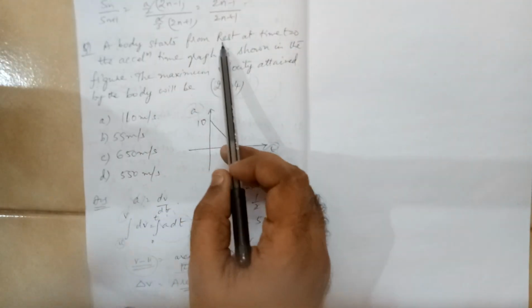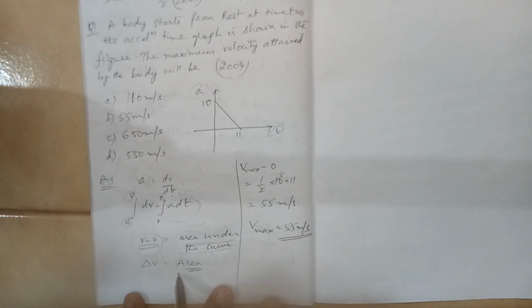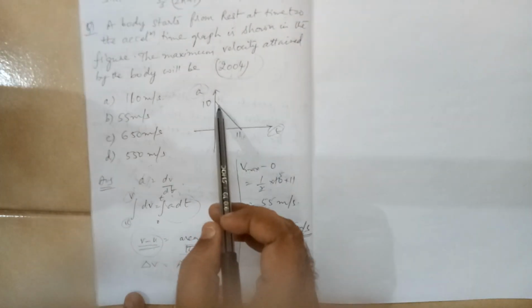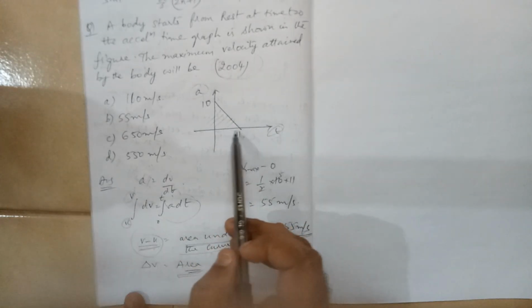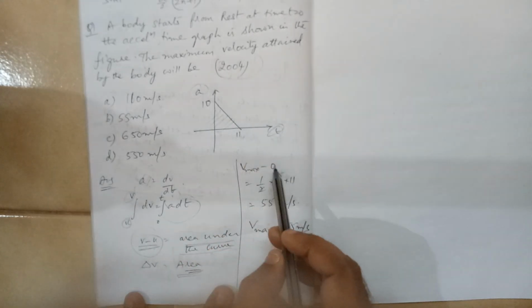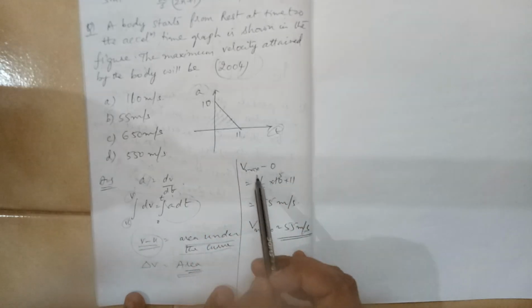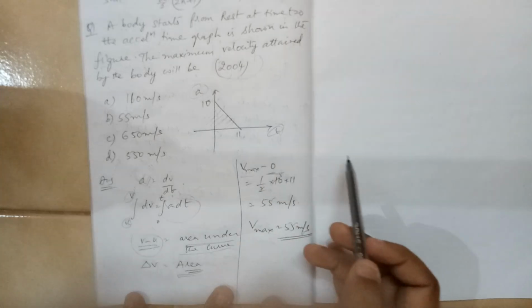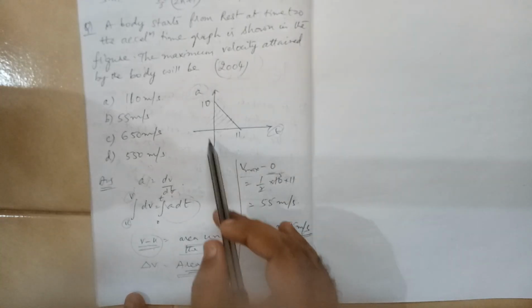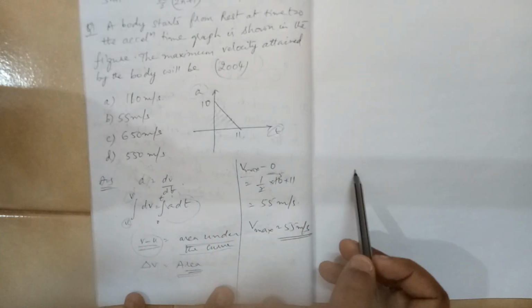So the body starts from rest, that means u is equal to 0. So delta v is equal to the area. If you calculate the total area, you directly get v max minus 0 is equal to the area of the curve, which is the area of the triangle. Here it is 55 meter per second.